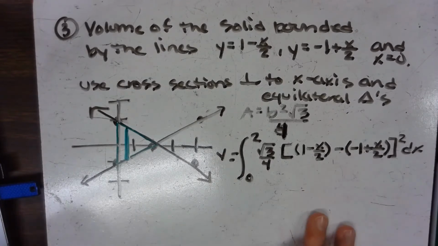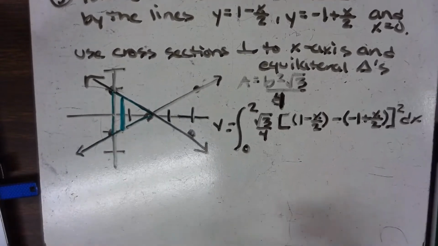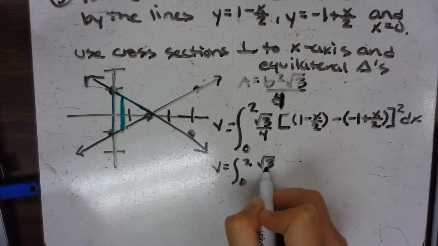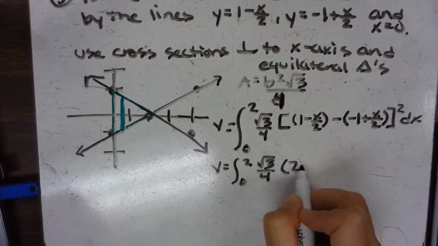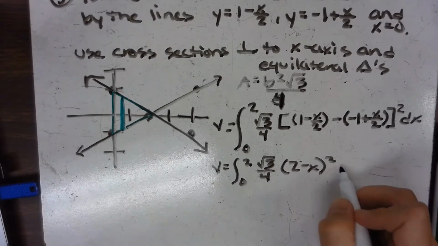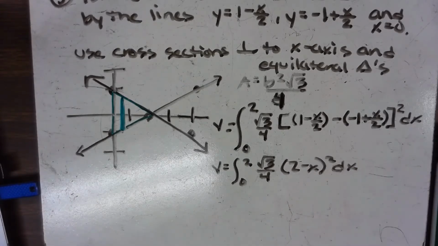Now, go ahead and clean that up. If you clean it up, you end up with 0 to 2, the square root of 3 over 4, 2 minus x squared, dx, and I'll let you integrate that either by hand or on your calculator.